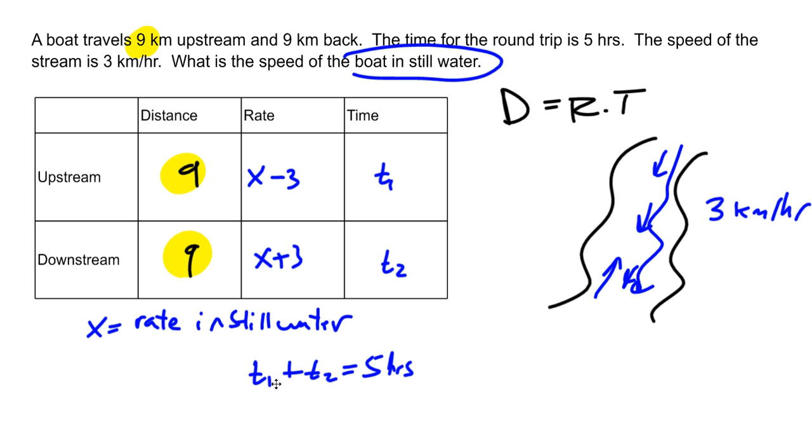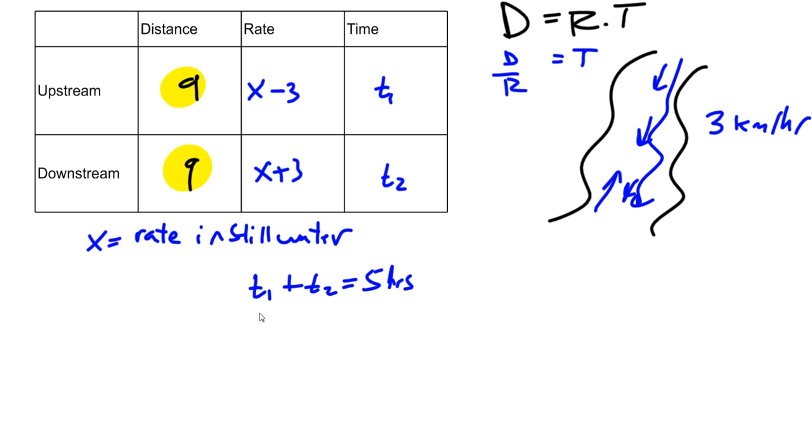Let's replace T1 and T2. How do we know what those are? Remember, time can also be written as distance over rate; I just divide both sides by r. So I can replace T1 with distance over rate, which is 9 over x minus 3, plus T2 as distance over rate, 9 over x plus 3, and that all equals 5 hours.